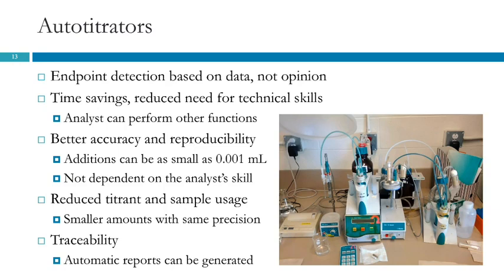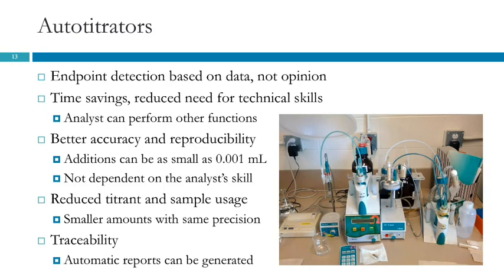There's lots of different kinds. You can get them for different kinds of titrations. You can get some that use spectrophotometry or potentiometry, all sorts of different detection techniques for finding that endpoint. And what most of them share is that they have some sort of automatic addition of your titrant.